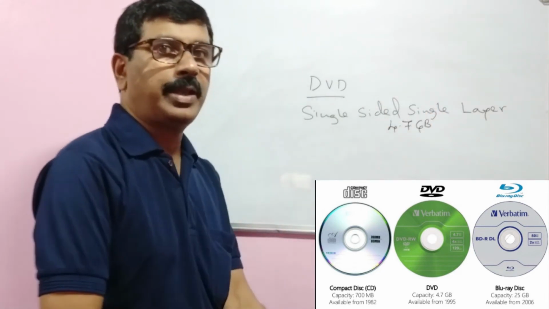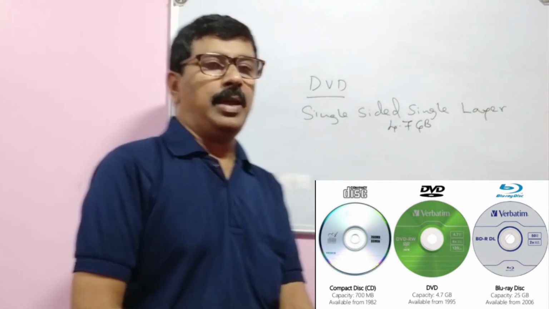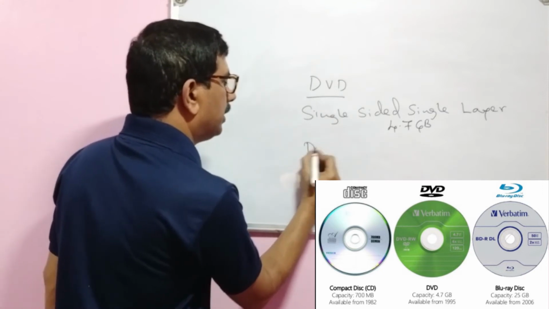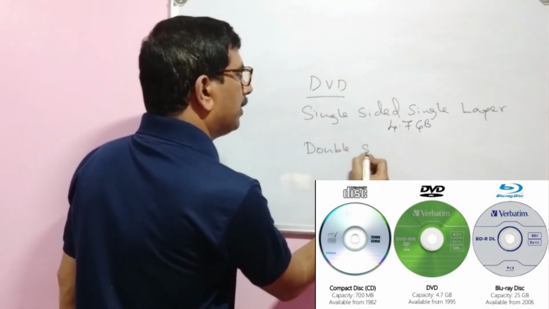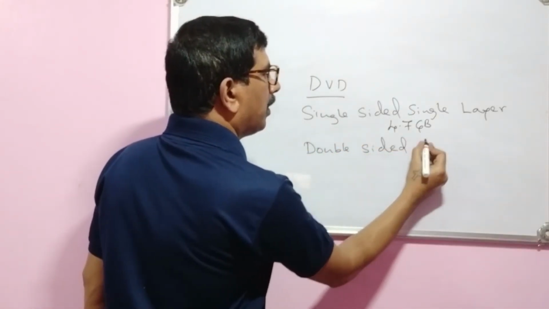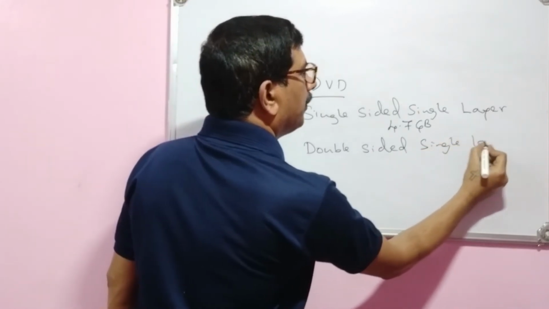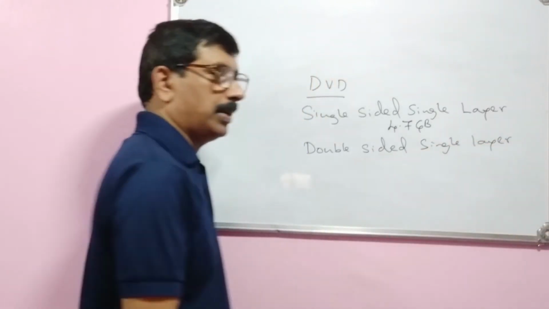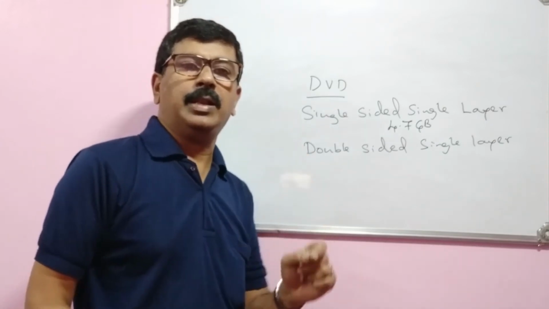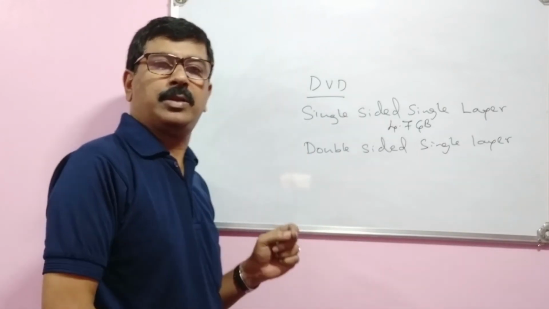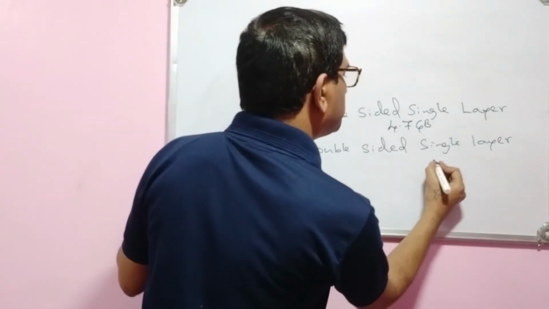Another one is double-sided single layer, with 9.4 GB.